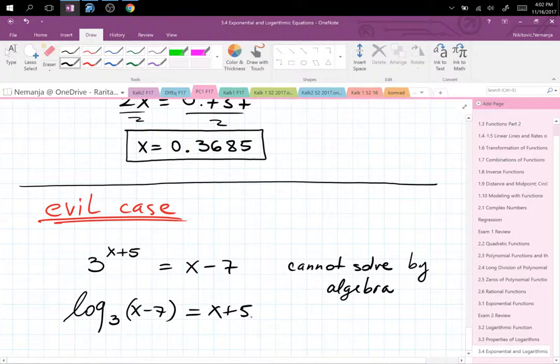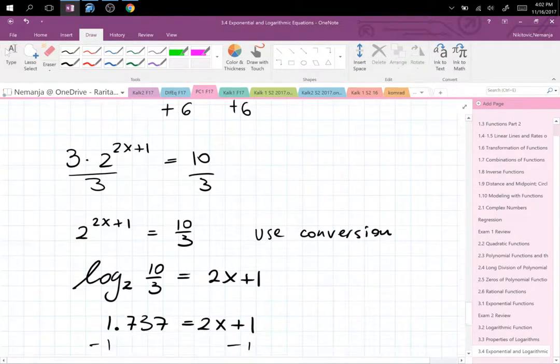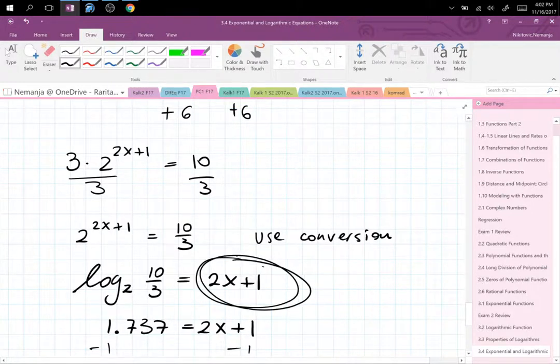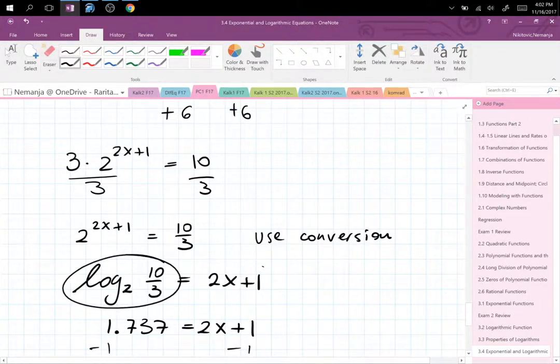So you freed up x plus 5 and you buried x minus 7. There is no way to use the conversion in a way where all x's will be on one side and just numbers on the other. You cannot achieve that with the example below.